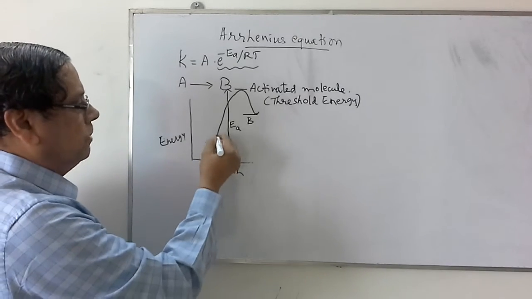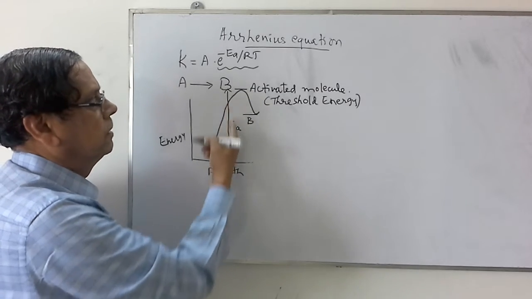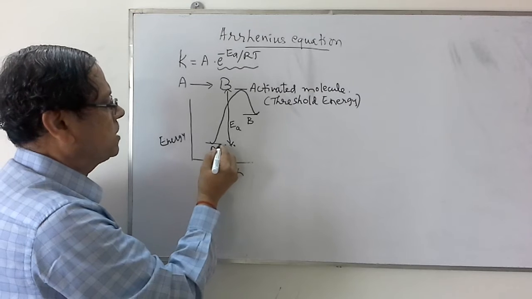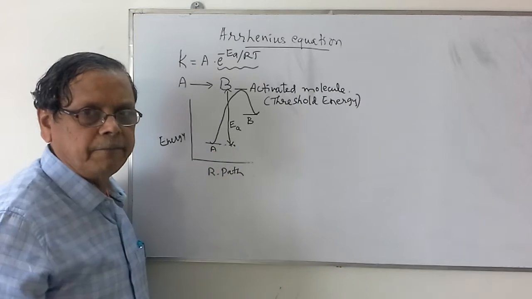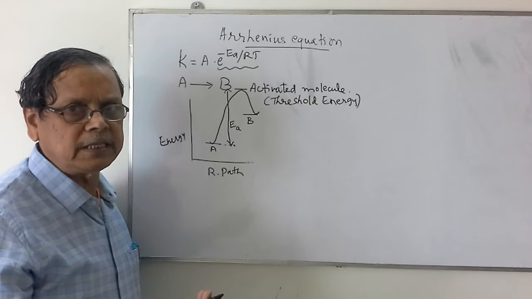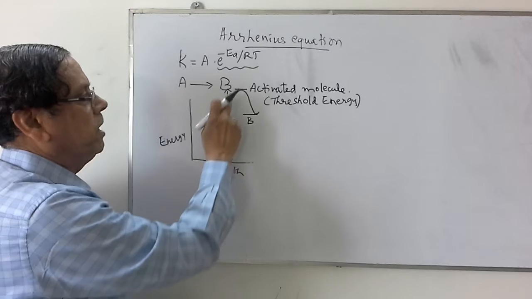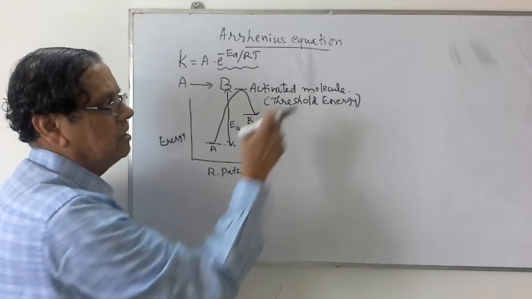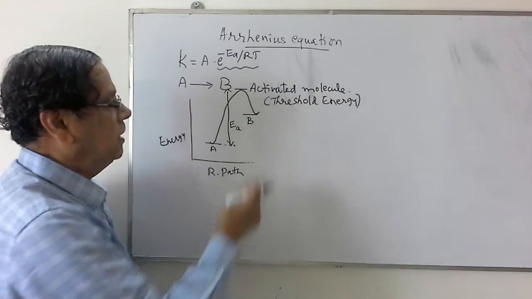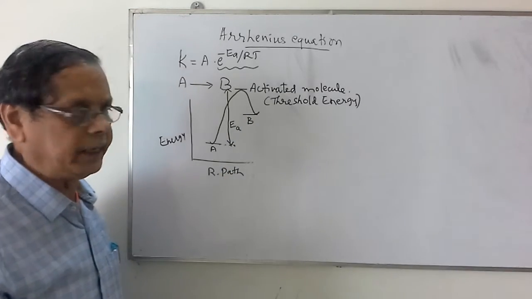To absorb this much energy depends on the temperature that we supply or heat that we supply. As more and more temperature is increased or heat is supplied, more and more molecules will absorb this much energy and reach this activated state. Then they will lose a certain amount of energy giving rise to product. That we will study later.